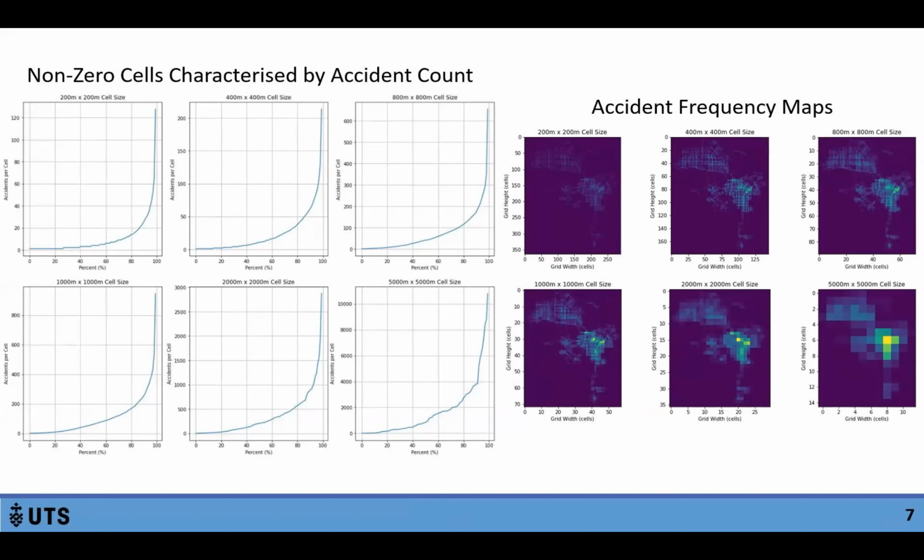On the right side, where the color intensity represents accident frequency, you can see that 1 kilometer squared also offers the best trade-off visually in terms of granularity in cell count over the entire study area, whereby the total cell count is neither too coarse, as shown in the 5 kilometer squared map, or too fine, as shown in the 200 meter squared map, and is the most optimal geographical division size, given the size of the Los Angeles study area.